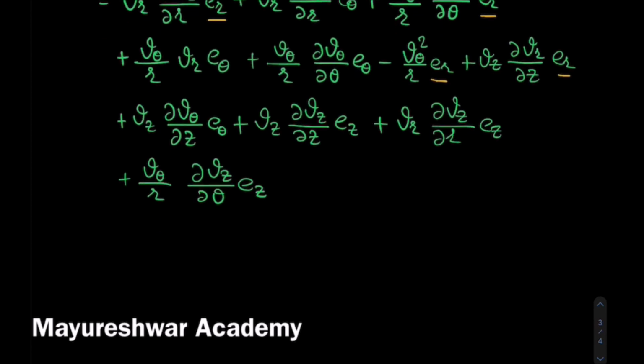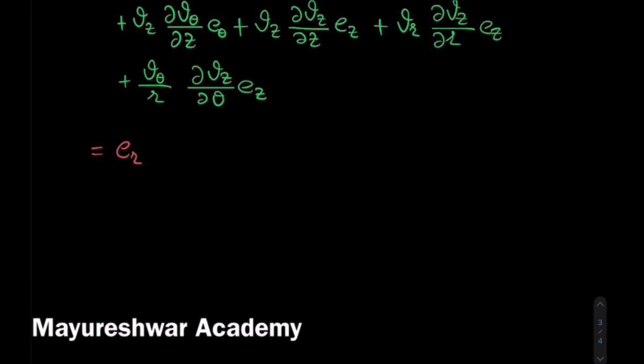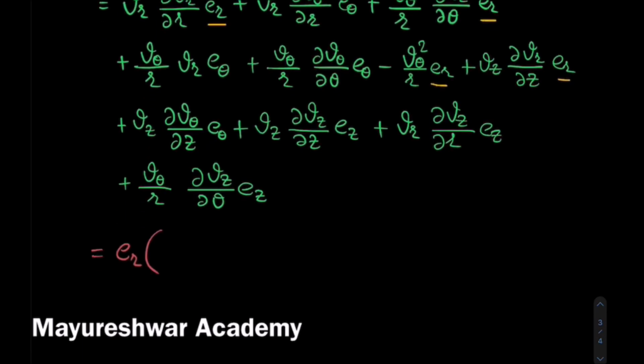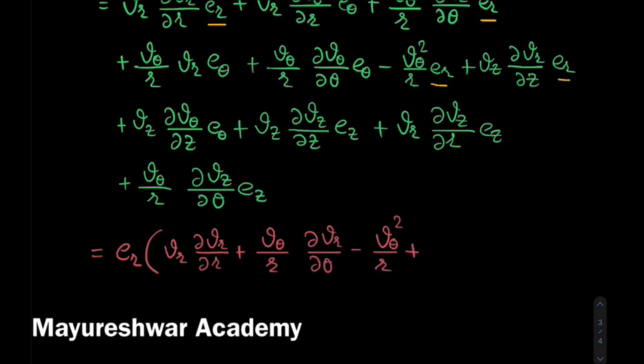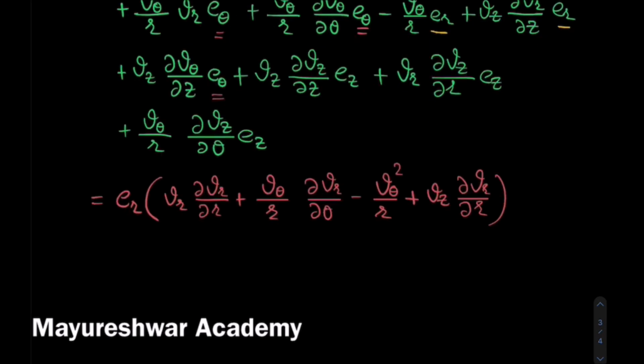Now we need to combine terms with the e_r coefficient, then e_θ and e_z, so they will be along the respective r, θ and z directions. Let us write down first of all the e_r components: v_r ∂v_r/∂r, then v_θ over r ∂v_r/∂θ, minus v_θ squared over r, plus v_z times ∂v_r/∂z. So this is the component along the r direction.